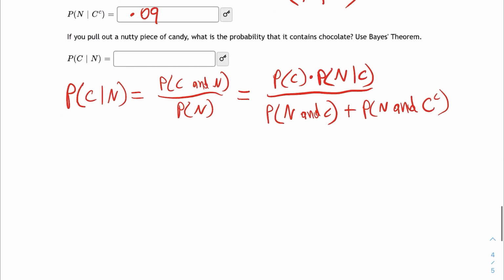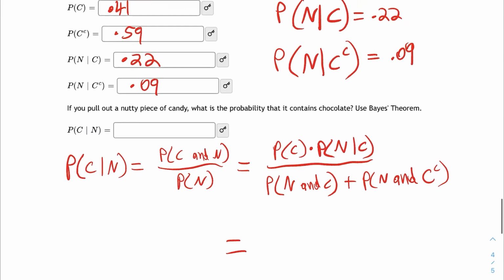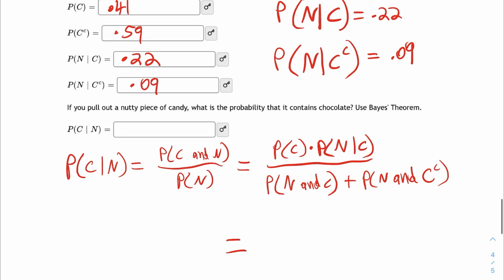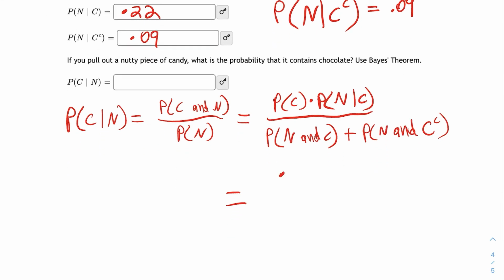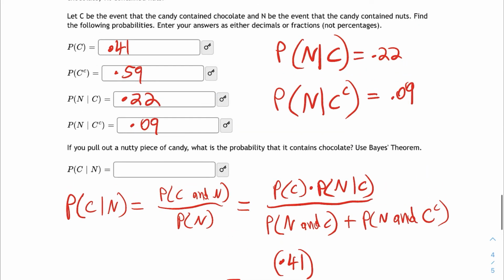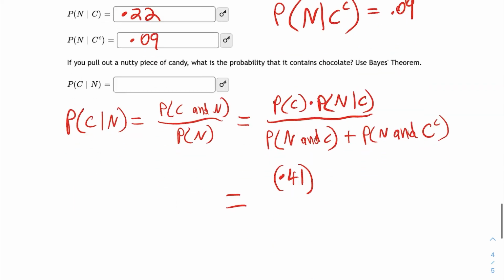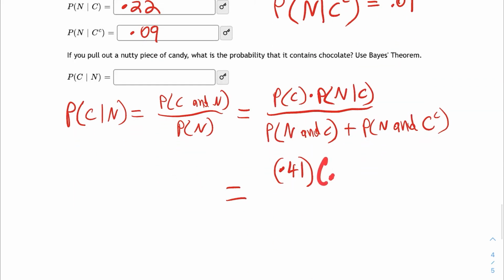All right. So the top I already know, that's the probability of C times the probability of N given C. Well, the probability of C is 0.41, while the probability of N given C is 0.22.